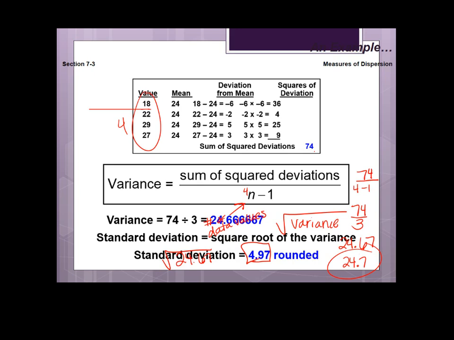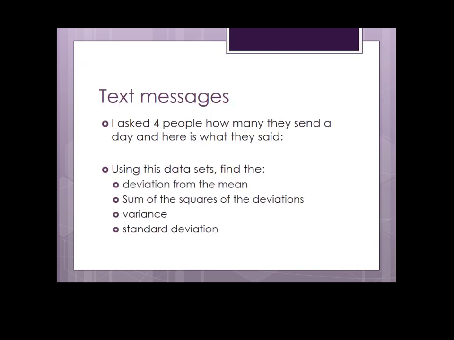It means that each data value on average varies about 4.97 from the mean. So they're all about 4.97 away or 5 away on average. So notice some of them were more away. This was actually 6 away. This one was less. It was only 2 away. But on average, they're about 4.97 away from the mean. Okay.